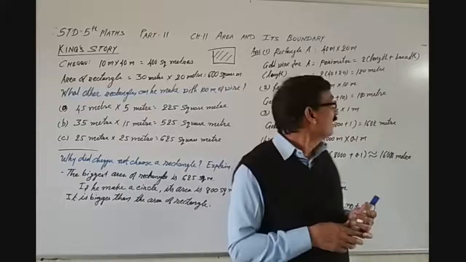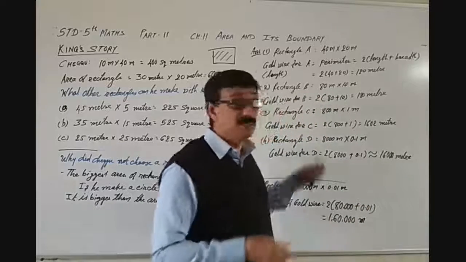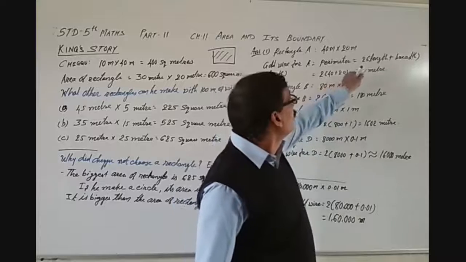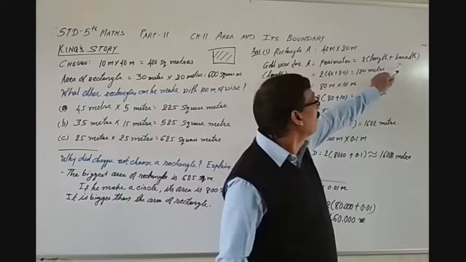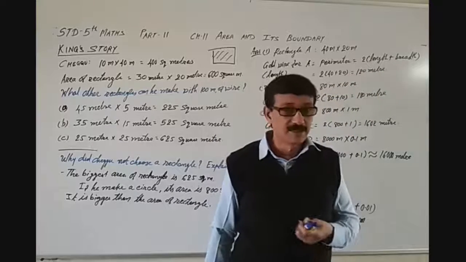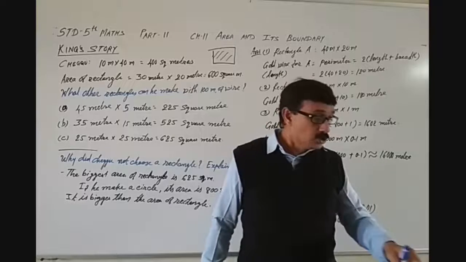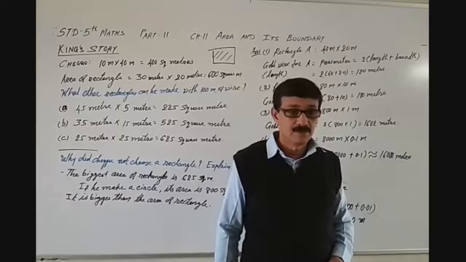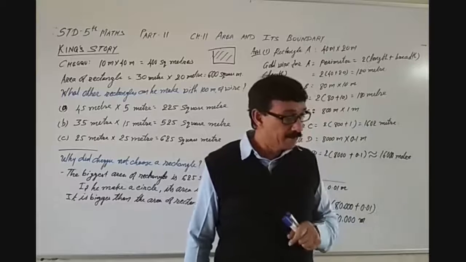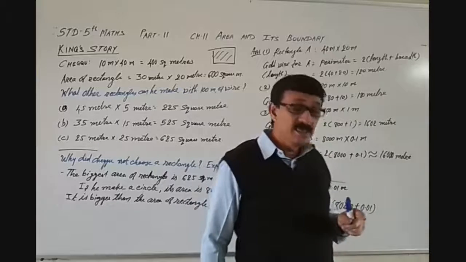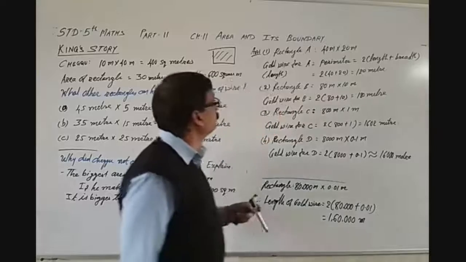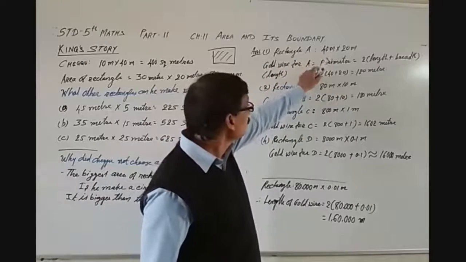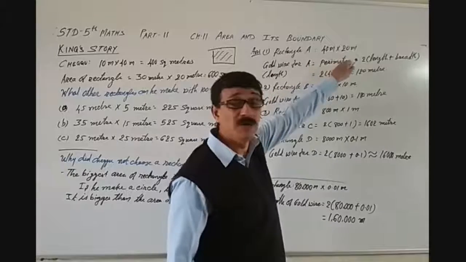Now boundary is what? Perimeter. We know the formula for the perimeter of a rectangle is 2 into bracket length plus breadth, isn't it? Okay. So for A, you can see on page number 158, rectangle A was 40 meter by 20 meter.